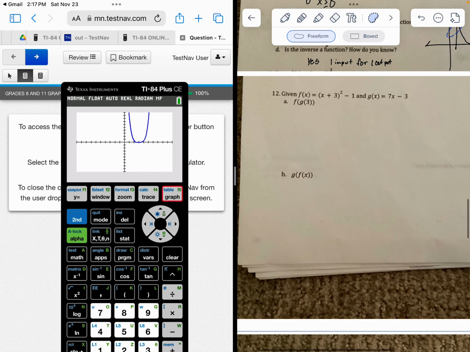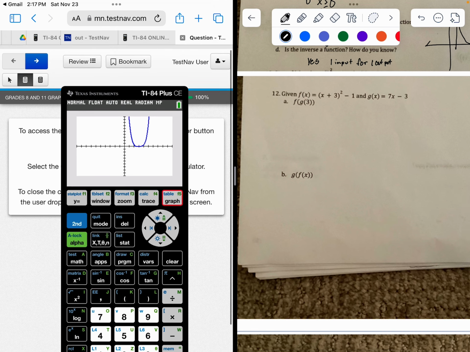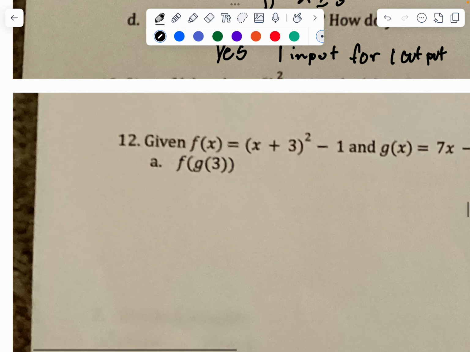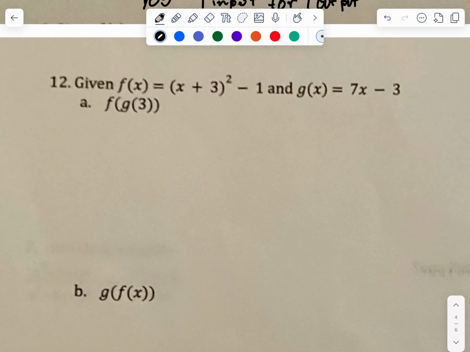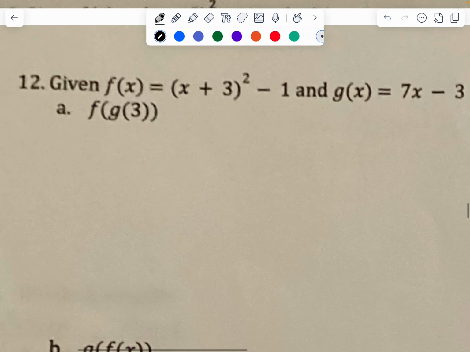Alright, next problem. Don't need the calc for this one. F of g of 3. So we're going to plug it into g first, because g's on the inside. So 7 times 3 minus 3 equals 21 minus 3, which is 18.